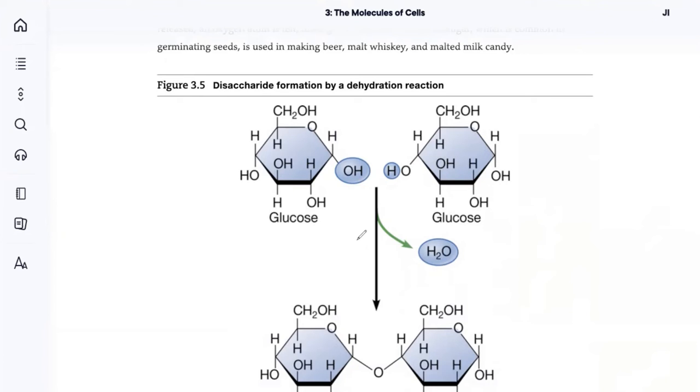This process going in the downward direction would be dehydration synthesis or hydrolysis. Yeah, this would be dehydration synthesis. One, because water is coming out, right? And 2, synthesis. Remember, syn means together. We're bringing together the 2 glucoses, right?